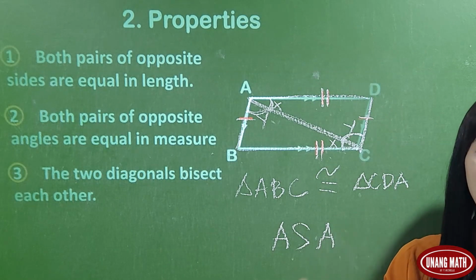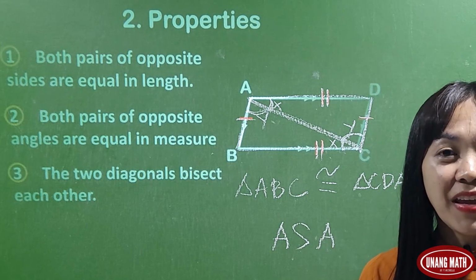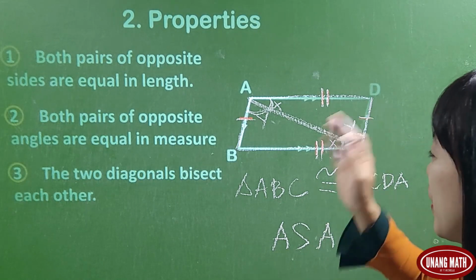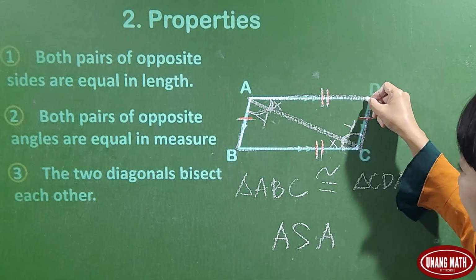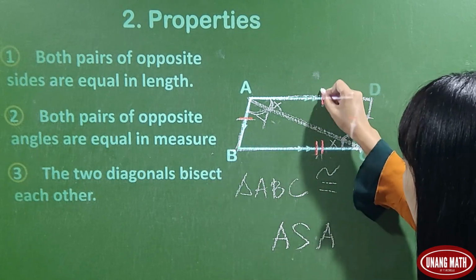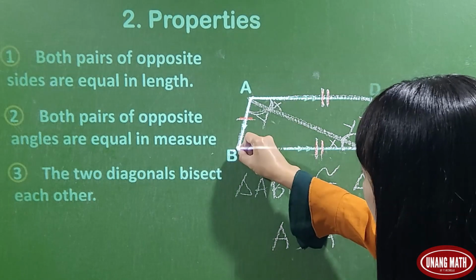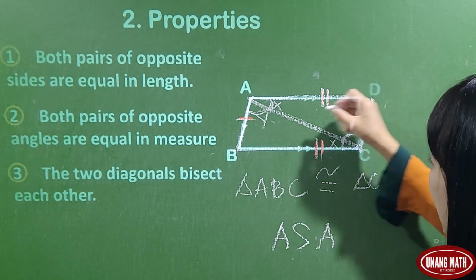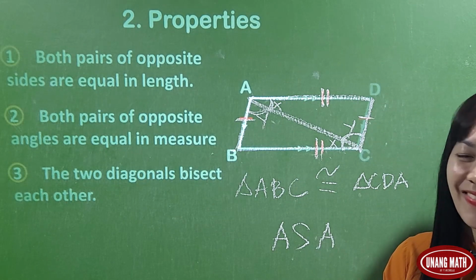If two triangles are congruent, then corresponding sides and corresponding angles are equal in length or in measure. So this segment AD corresponds to segment CB. That's why they are equal in length. Segment AB corresponds to segment CD, so they are also equal in length.